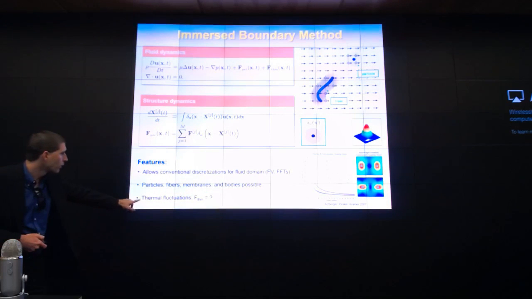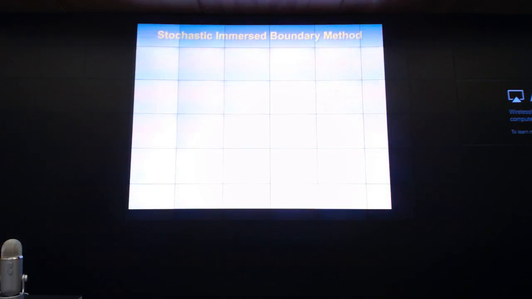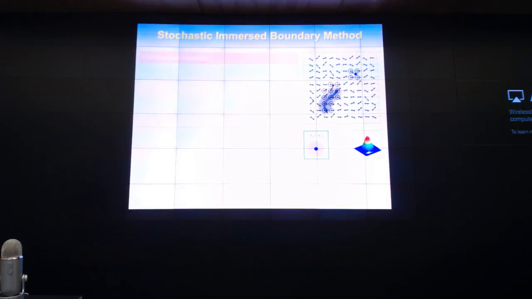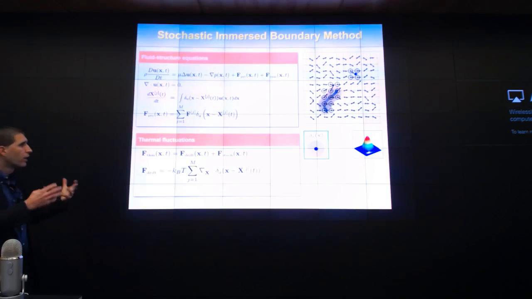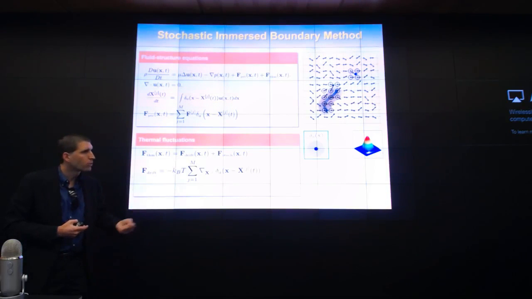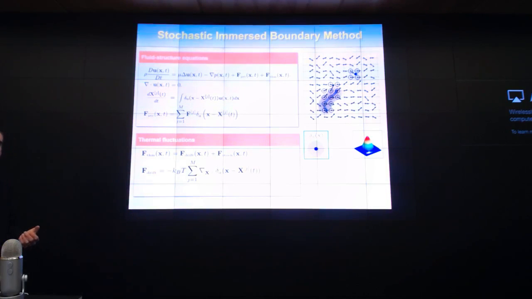Okay, so the part I'm going to talk about is the thermal fluctuations. And so the way that you thermostat the system is you can go back to look at fluctuation dissipation. In particular, in stochastic analysis, there's a lemma which basically says that if I know what the equilibrium fluctuations of the system are, and I know what my dissipative operator is, there's only one way to stochastically force such a system to achieve that equilibrium.